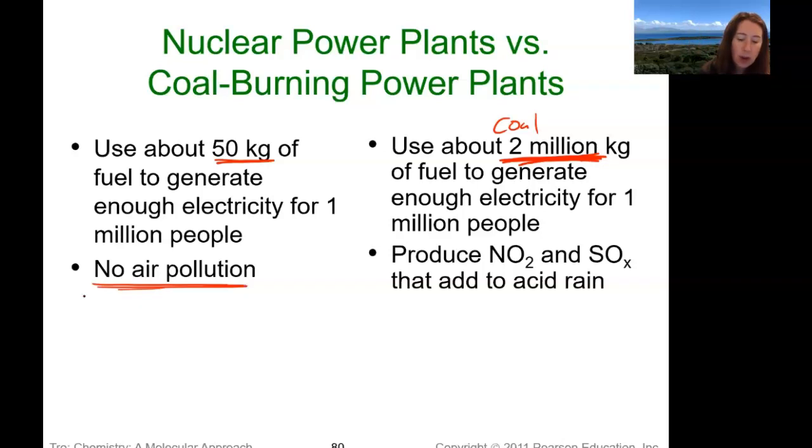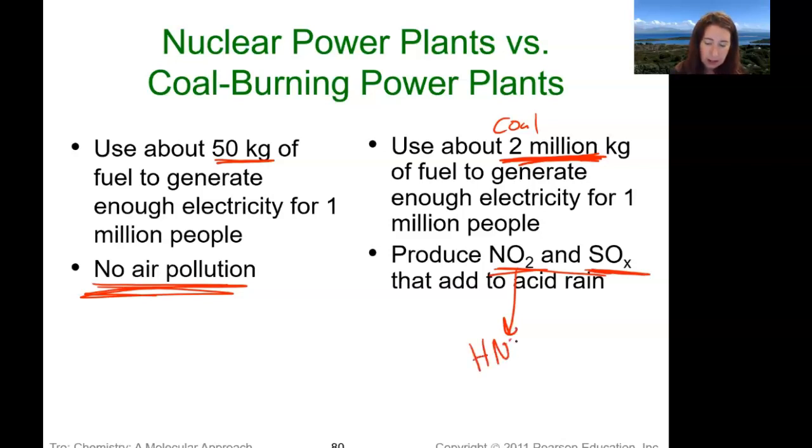You also have no air pollution when it comes to nuclear energy, but coal produces, we call this nitrogen dioxide and sulfur dioxide, NOx and SOx, which creates acid rain. This one creates this kind of acid rain. This is West Coast acid rain, and this is East Coast acid rain. Both create acid rain. We create nitric acid over here.